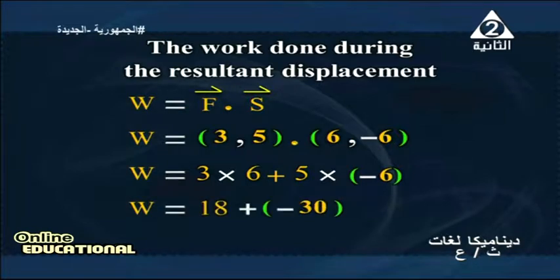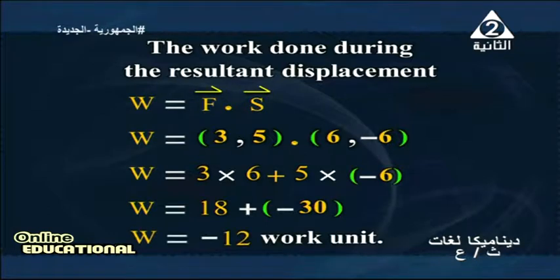Then W equals 3 times 6 equals 18 plus 5 multiplied by negative 6 equals negative 30. Then the work in this case equals negative 12 work units. This value equals the resultant work by the sum of the two works W1 plus W2.